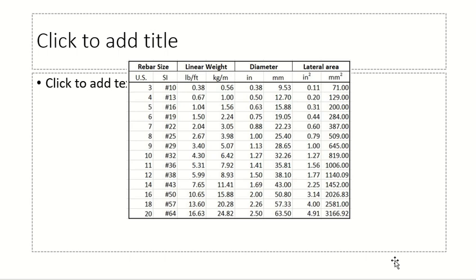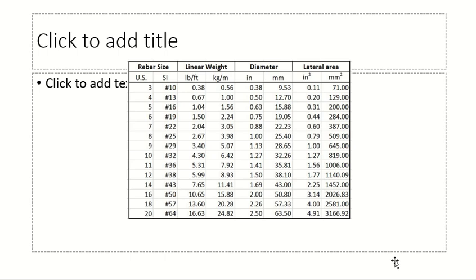For example, especially if you are looking at books with lots of examples where the units are in the US system: in the US system, they don't use millimeters. They give you divisions of the inch. Each inch has 8 divisions, so they tell you number 8 bar, which means 8 divisions of the inch, which means 1 inch.